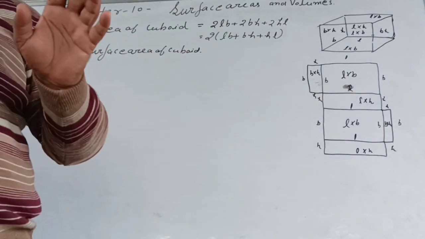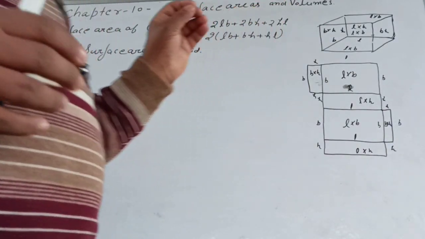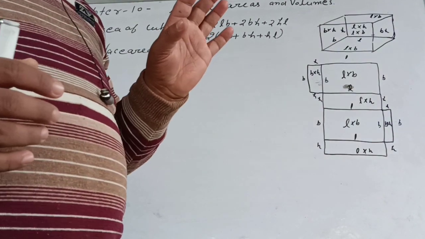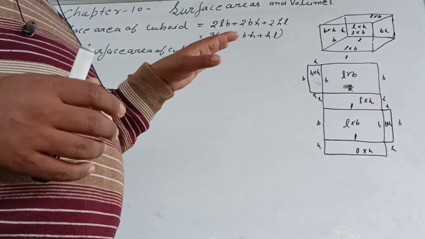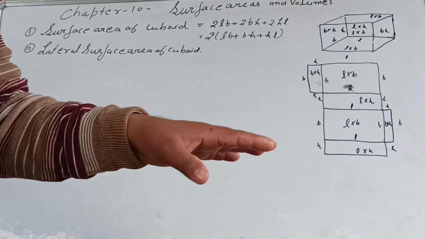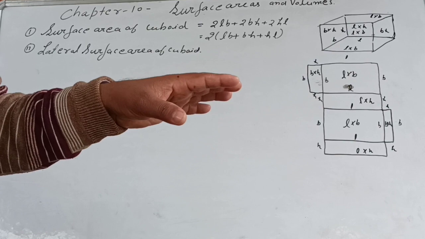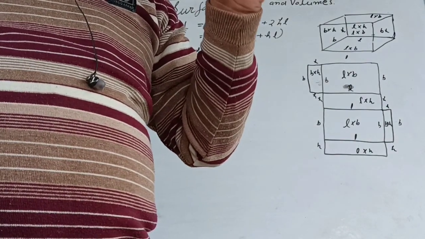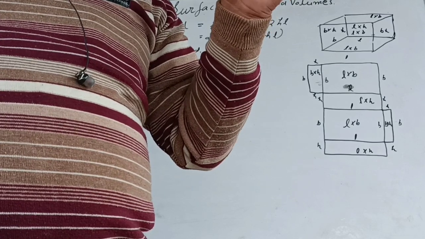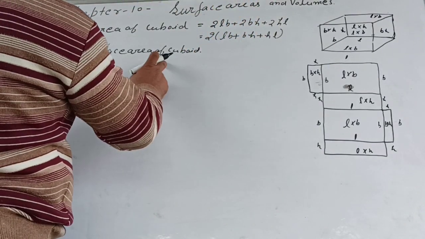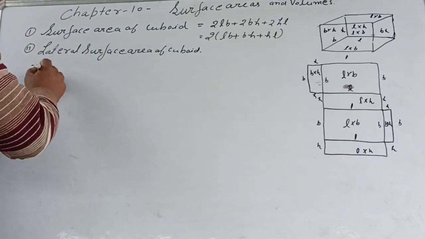Suppose you live in a room, and if you want to whitewash the room, we never whitewash the floor. If the ceiling has POP, that is also not whitewashed. So only four walls. Lateral surface area of cuboid means surface area of four walls.